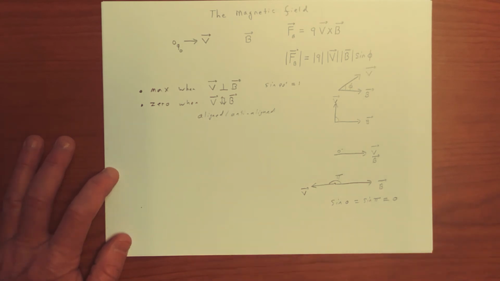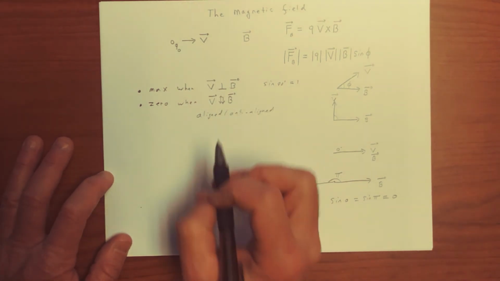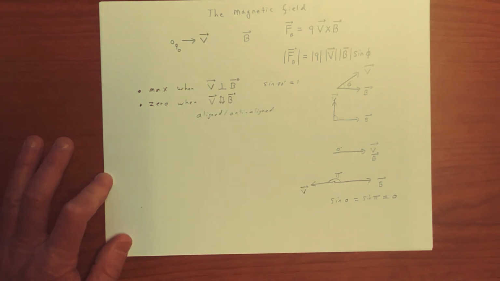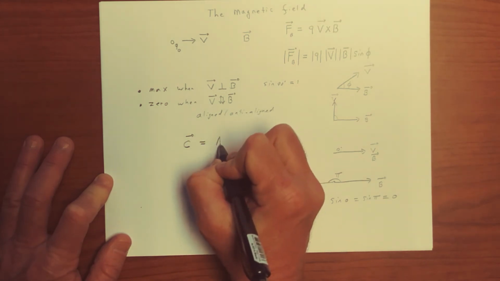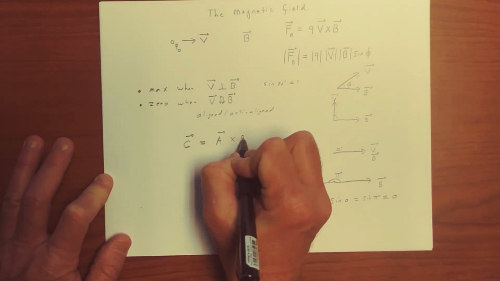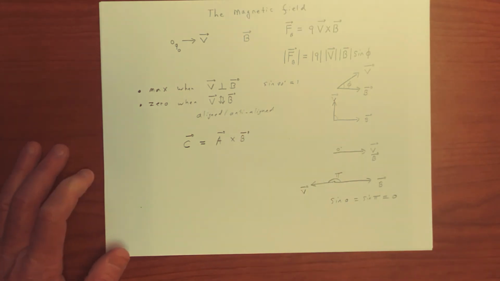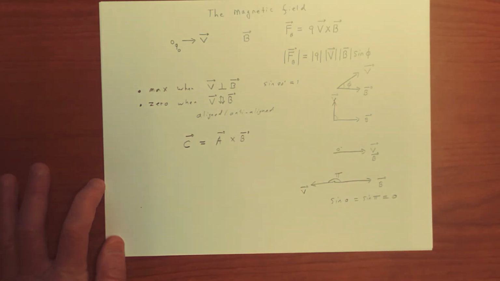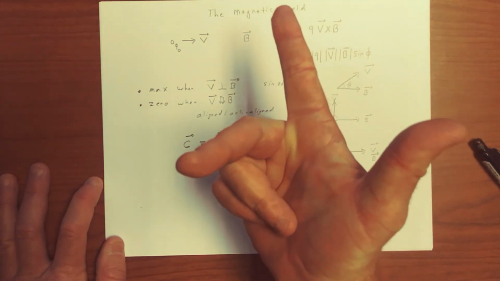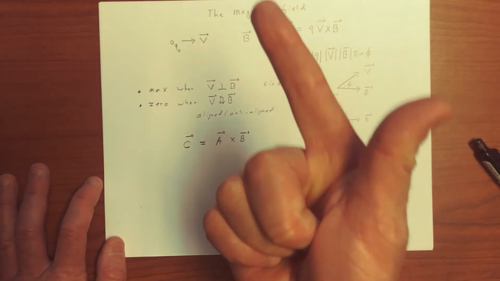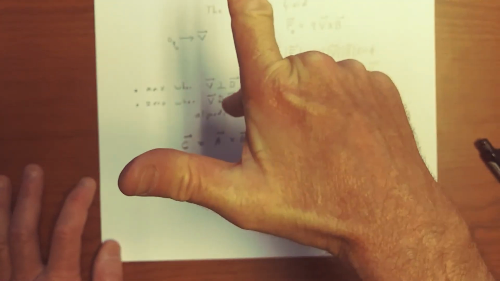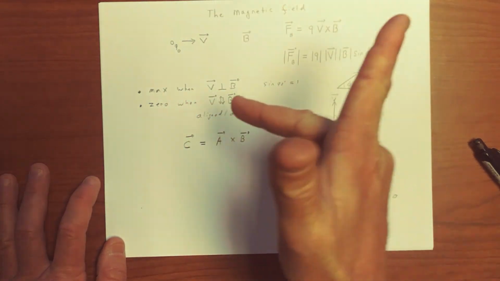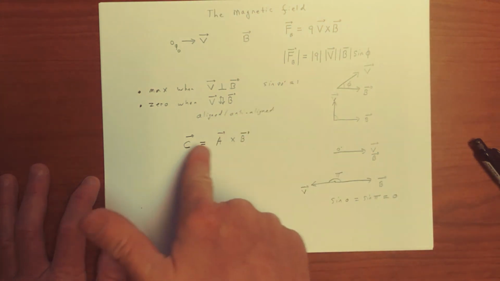And the next thing that we want to do is to get a feel for how to get the direction, and this is where the right-hand rule comes into play. So more generally, we have the vector product of two vectors A and B, so A cross B equals C, and the right-hand rule says that if you take your right hand like this, and you put your index finger, your middle finger, and your thumb in ways that they're perpendicular to each other, then you can find the directions of these three vectors.